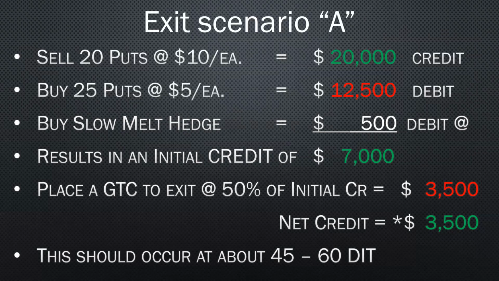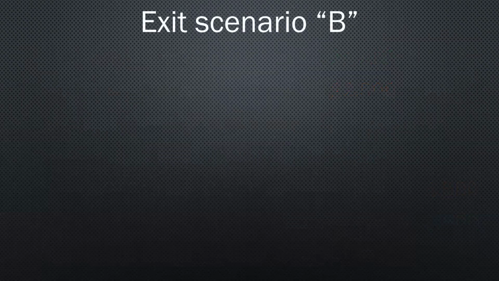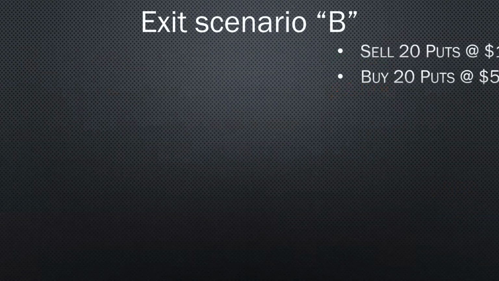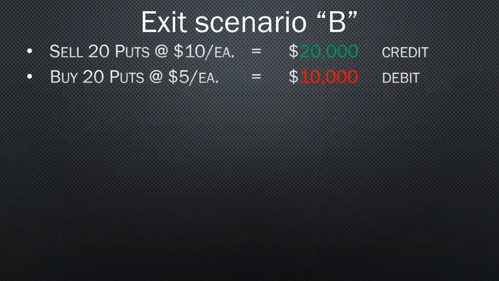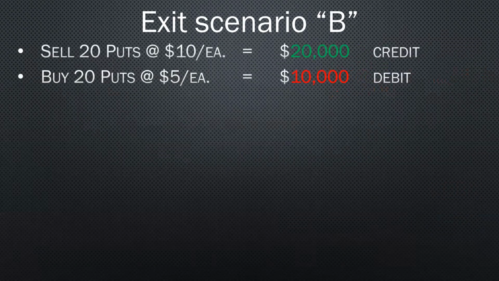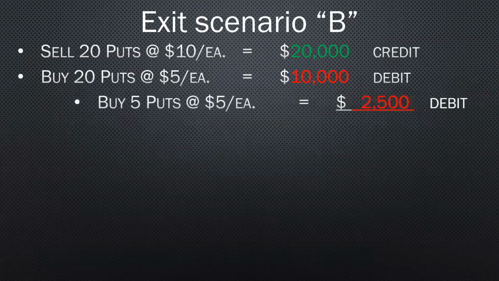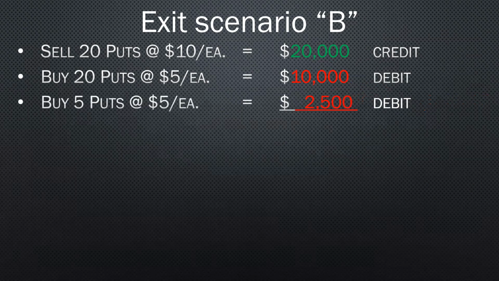All right, so now let's look at exit scenario B. Very similar to what we did before. We're going to sell 20. We're going to buy 20. And that would bring in $10,000. And we're going to buy an additional 5. That's going to be 25 there. Hopefully the math makes sense to you.